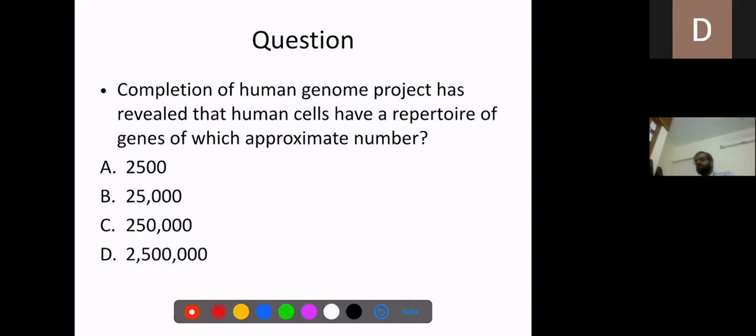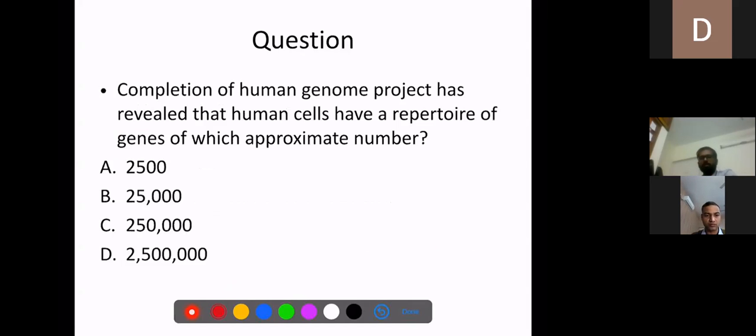So this is the first question. Completion of the Human Genome Project has revealed that human cells have a repertoire of genes of what approximate number? 2,500, 25,000, or 250,000? Can anyone answer? Absolutely, Dr. Hari Prasad has answered perfectly.